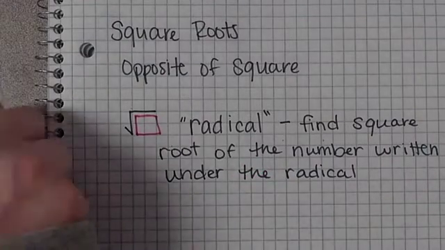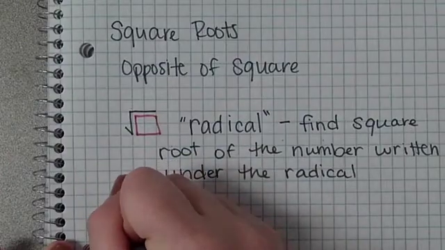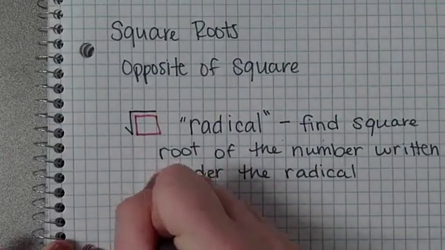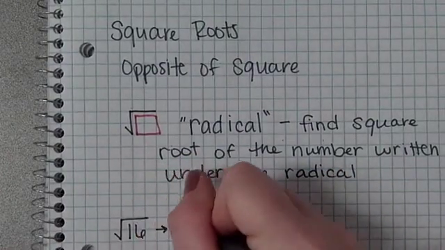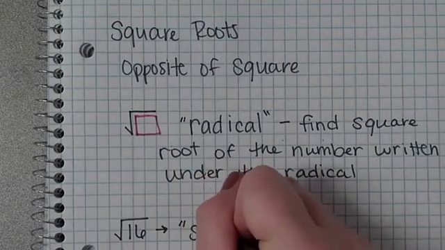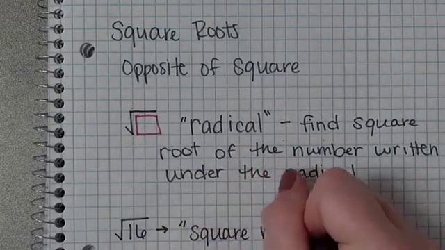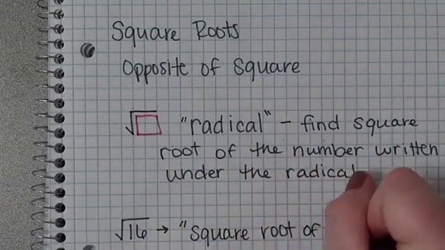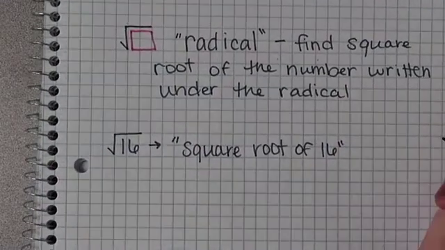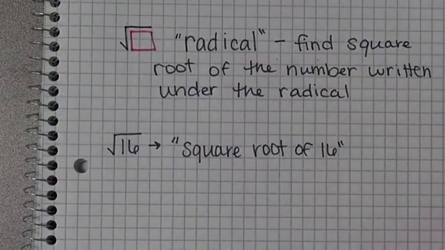So, for example, if we have the square root of 16, we read that as square root of 16. Sorry, I know today's a lot of writing, but it's that whole vocabulary when we start something new.